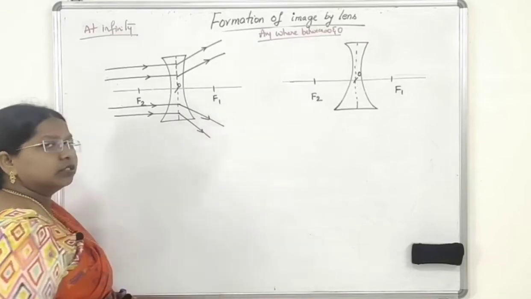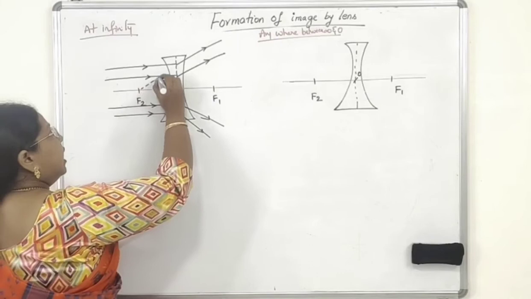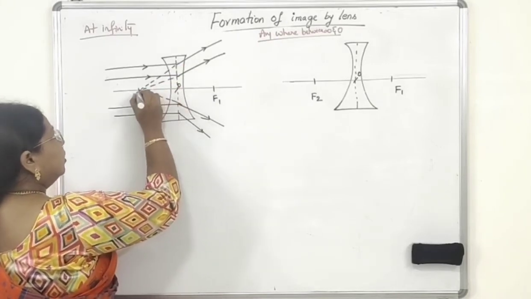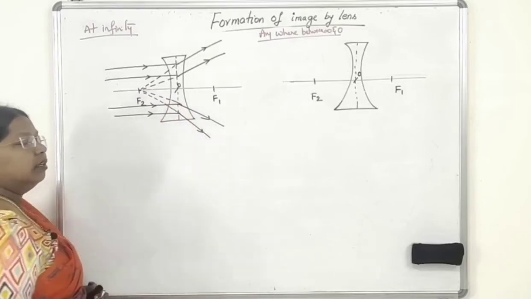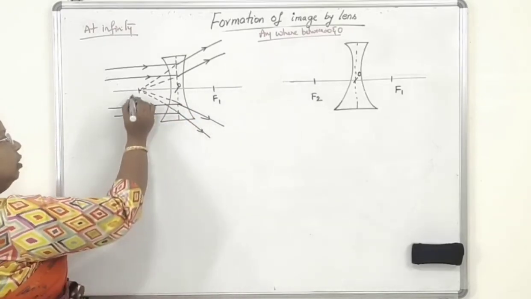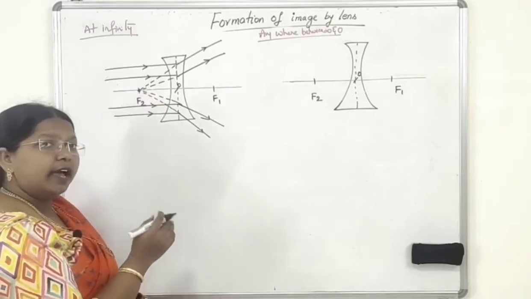So they diverge. Now we will extend them, and they appear to come. It is not a real thing. We are assuming. So they appear to come from this point. So your image is at F2.